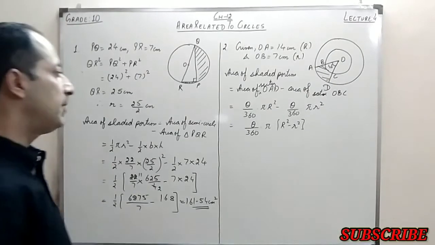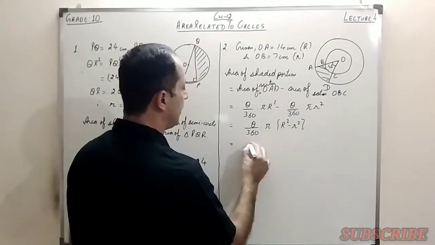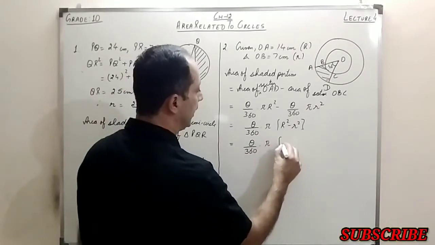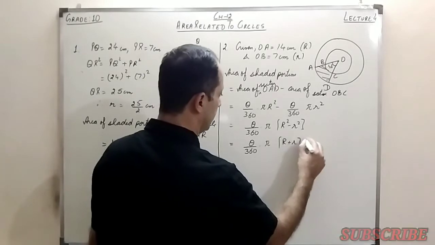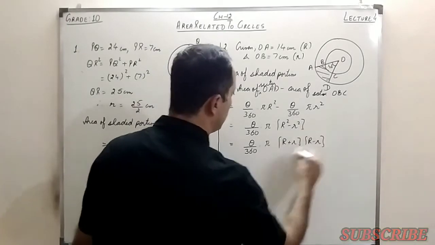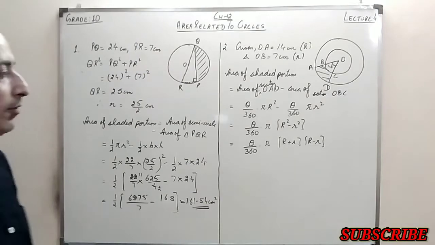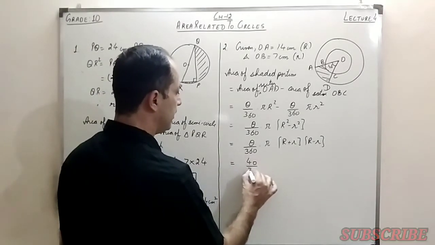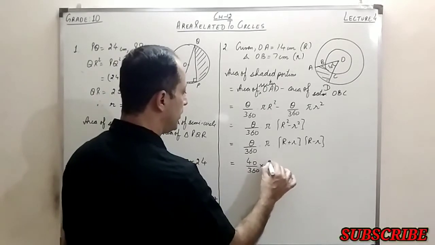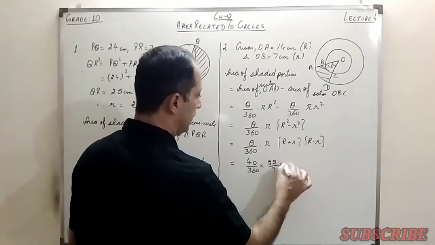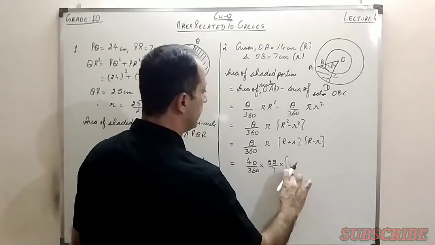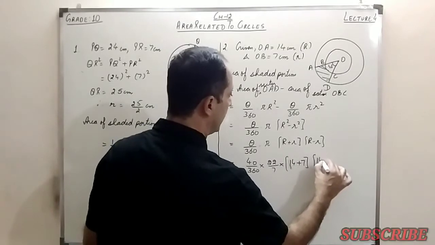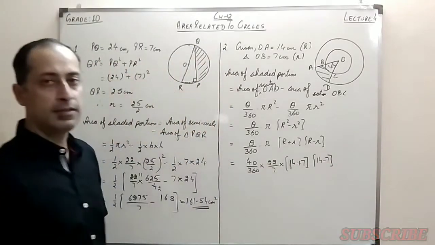Now this formula can be simplified further also. We can just apply the identity of a square minus b square also to make the calculation more easy. Now it will be easy because we do not need to find the square. So substitute the values. This is 40 upon 360 into 22 upon 7. In the bracket we have 14 plus 7, and then in the next bracket we have 14 minus 7.